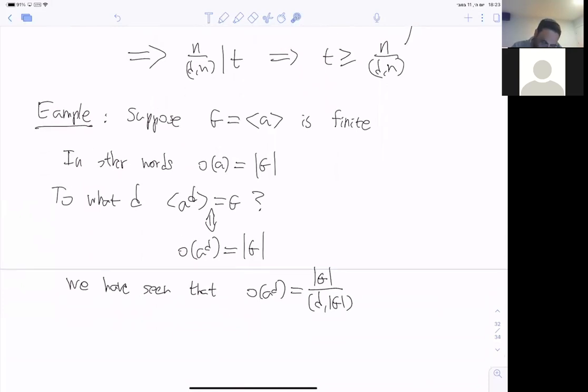So actually, to any d that is co-prime to the order of G, we will get another generator.